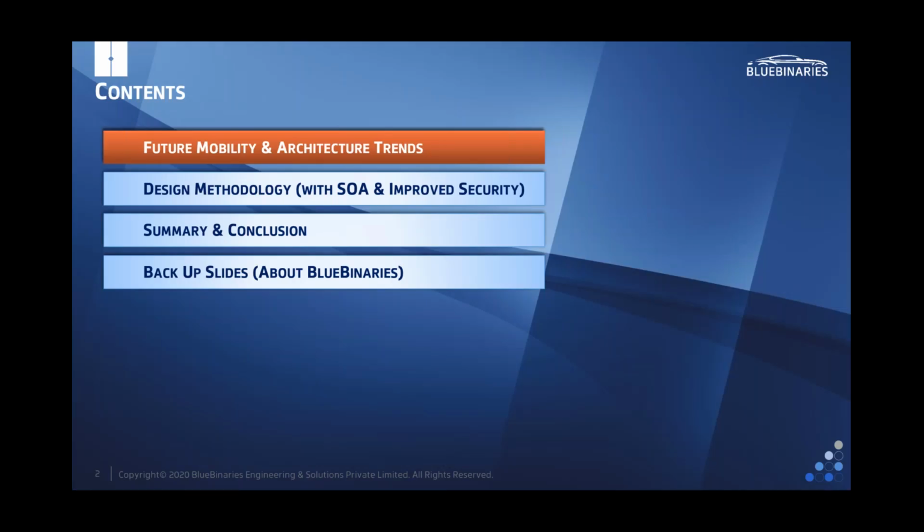The contents of the slides are categorized predominantly into three sections. One is the future mobility and architecture trends.